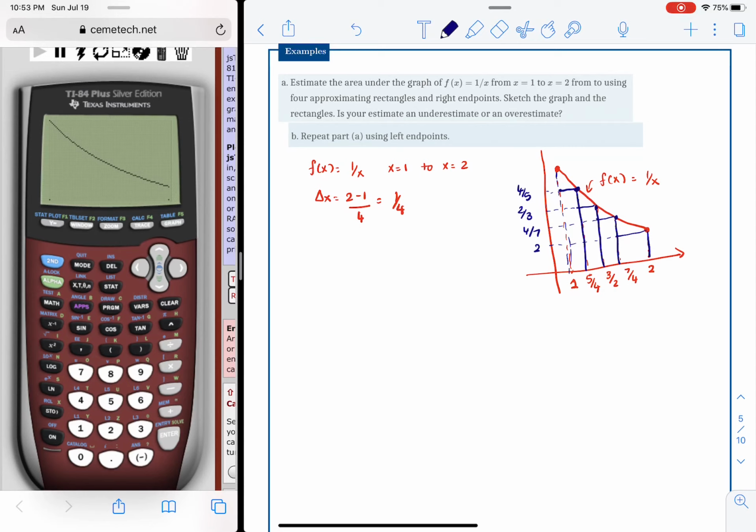So the right endpoint here is going to give us an underestimate because the function is decreasing. If the function were to be increasing, it would give us an overestimate.